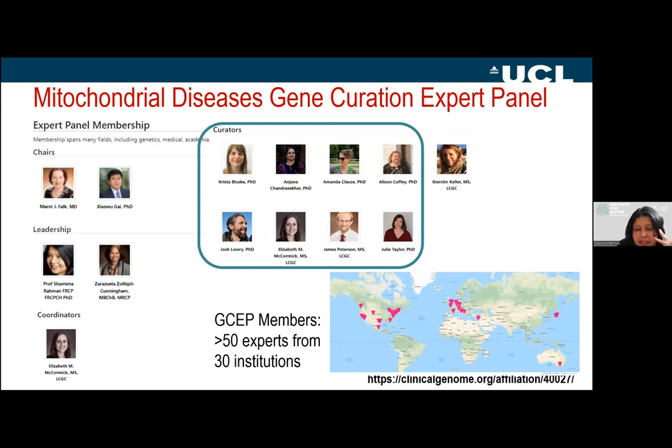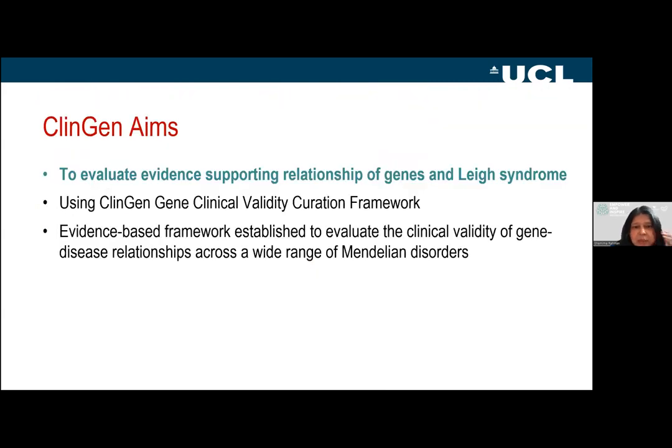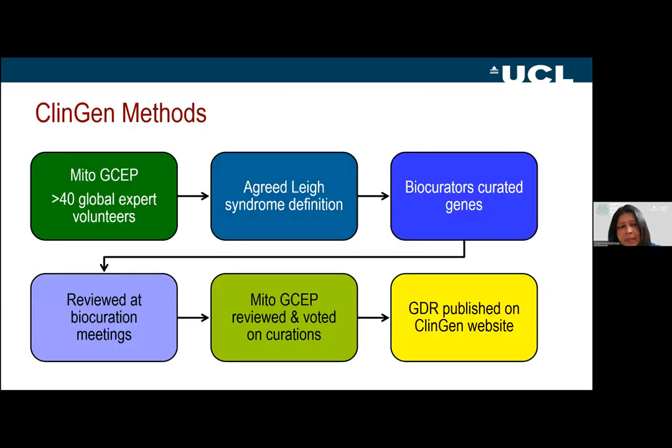Coordinating calls with people in San Diego all the way through to Melbourne can be quite challenging, as you can imagine. What we aim to do was to evaluate the evidence supporting the relationship of the more than 100 genes associated with Leigh syndrome to Leigh syndrome using a very robust systematic framework called the ClinGen Gene Clinical Validity Curation Framework. And we had all of these expert volunteers.